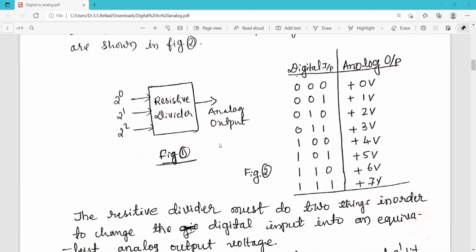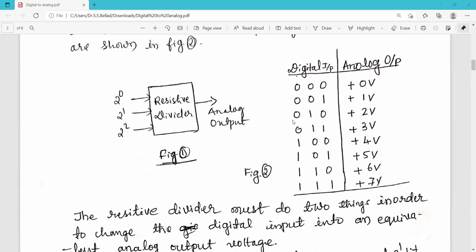So once again, I am showing here a 3-bit system. Here the resistive divider network will be there. To this network, 3 inputs are given: 2 raised to 0, 2 raised to 1, 2 raised to 2. These are the input bits. And this resistive divider network gives one signal, the analog output.